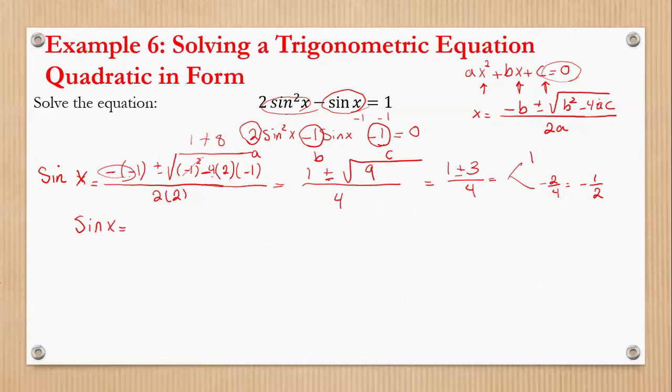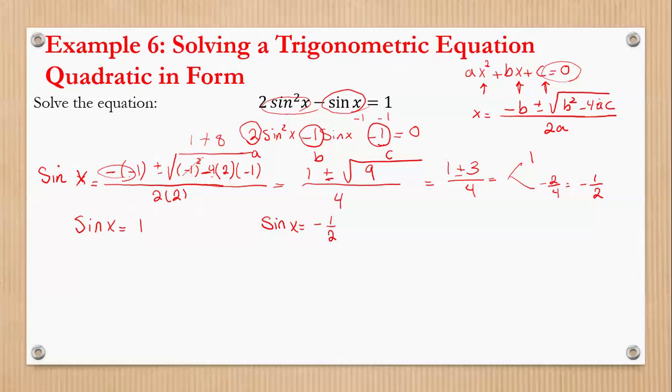When you say your second solution is -1/2, it means the sine x is -1/2, not only x. Now we have more steps because I need to find x. Right now, I have found sine x. I isolated the sine x. Now it's time to find the x.